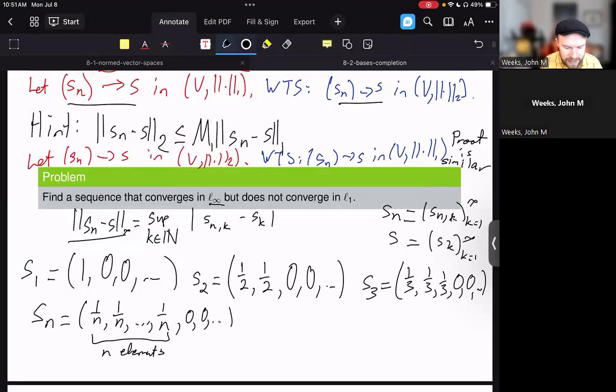Here is a sequence of elements that I'm going to claim converges to 0 in this little L infinity metric. Remember that we say that something converges in the little L infinity metric if it converges uniformly.